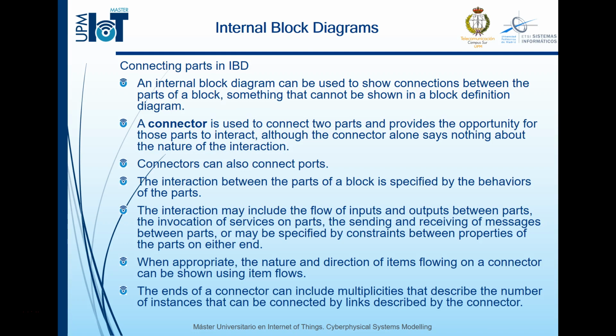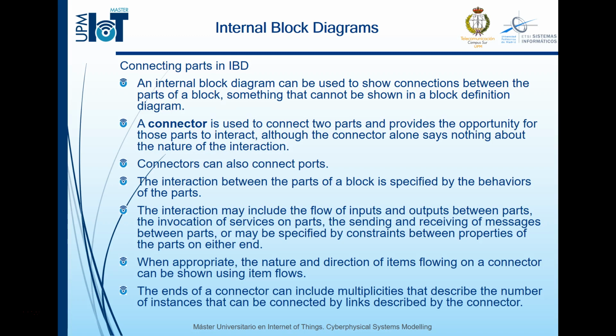So how are we going to connect parts in the internal block diagram? It's not very complex. This diagram is used to show connections, and the element we are going to use is the connector. First of all, we have to decide which parts we are going to put in relationship.